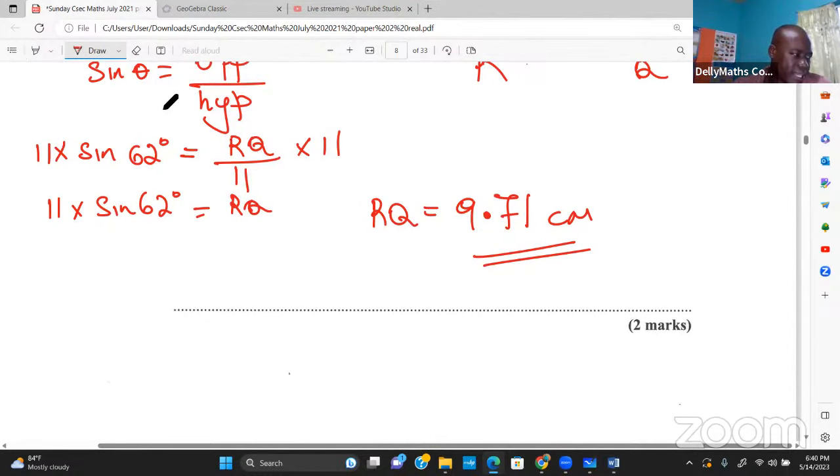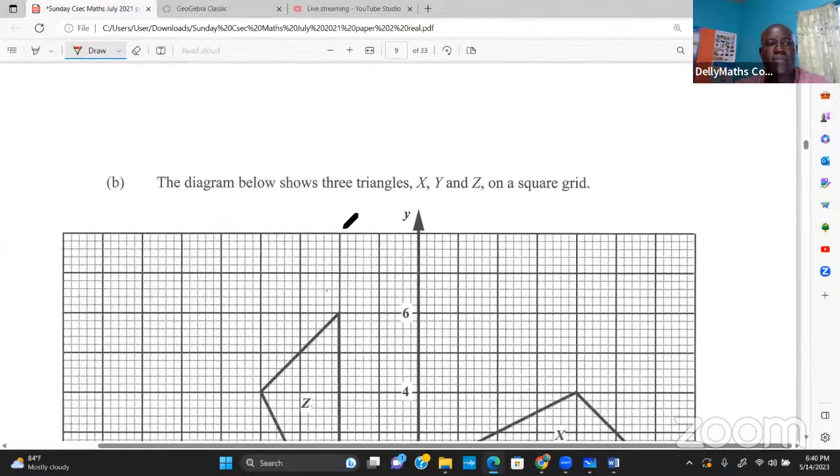Let's see what the other question is. Transformation is the B part. By now you're kind of seeing what could come up where. We're at question 3. We're getting a transformation here, and we got a little trigonometry there. So you notice that they can drop a trigonometry question and mix it with a transformation question.